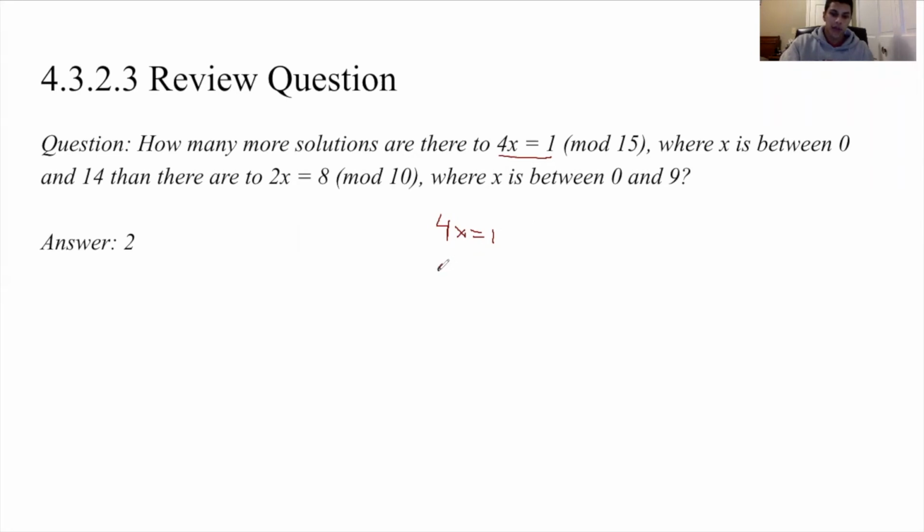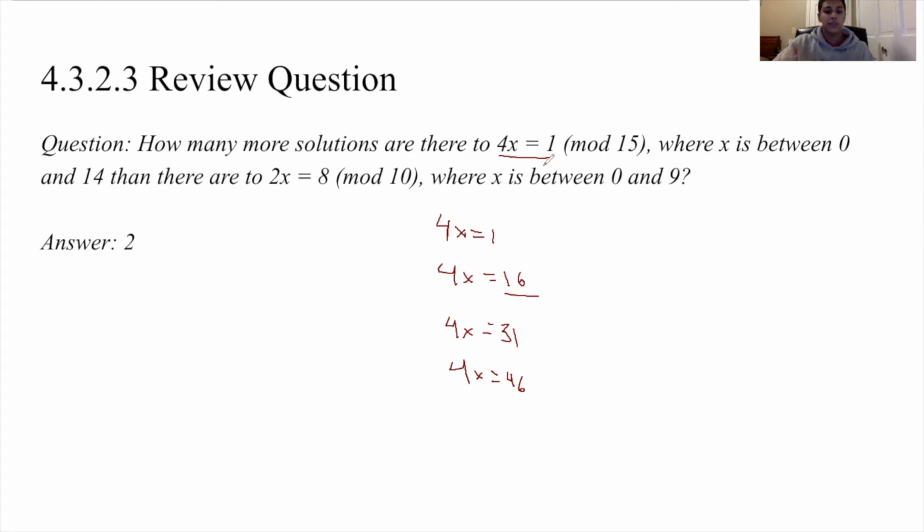But we could also have 4x equals 16, because 16 in mod 15 simplifies to 1 as well. And we could have 4x equals 31, because 31 in mod 15 simplifies to 1. And then we could also have 4x equals 46, because 46 in mod 15 simplifies to 1.